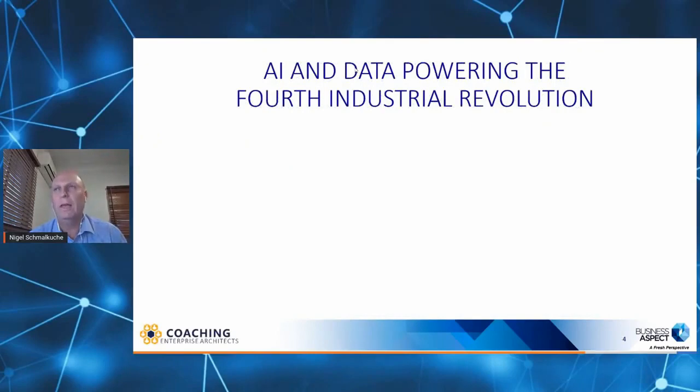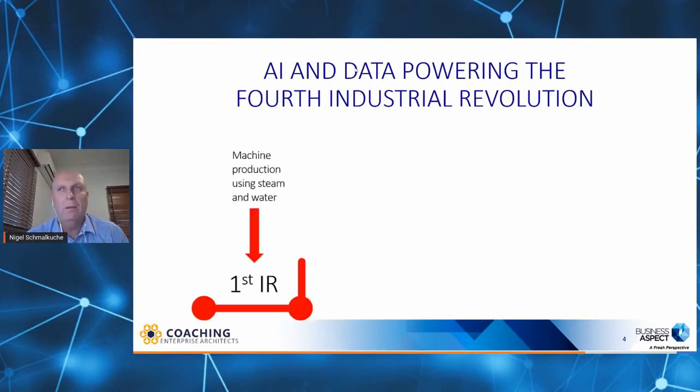If you look at the fourth industrial revolution and how we got there, we've got the first industrial revolution, powered by the steam engine in about the 1760s or 70s, which led to new manufacturing processes.